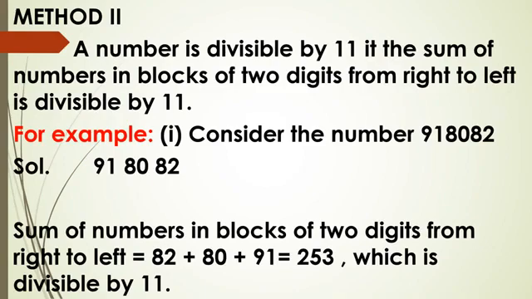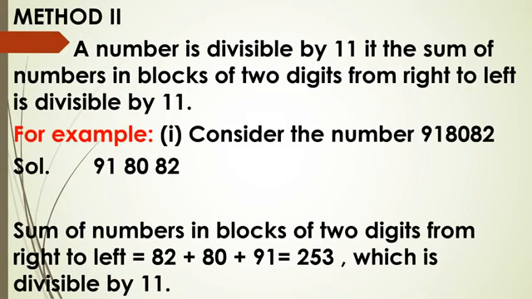Again I am telling, whatever number you have, change the number into blocks of 2 digits from right to left. Starting from ones place, ones and tens places will make together one block. Hundreds and thousands will make another block. Ten thousands and lakh will make another block.